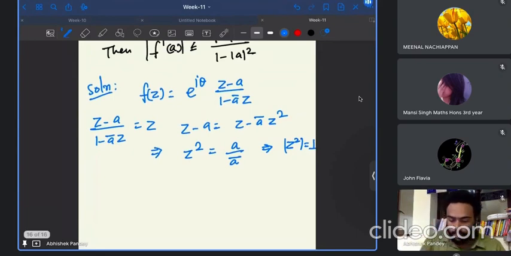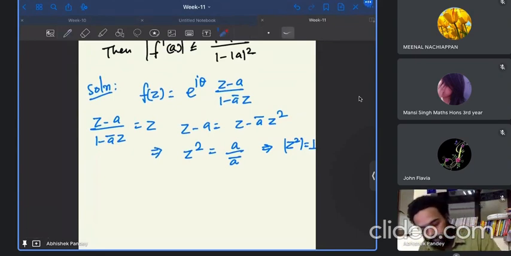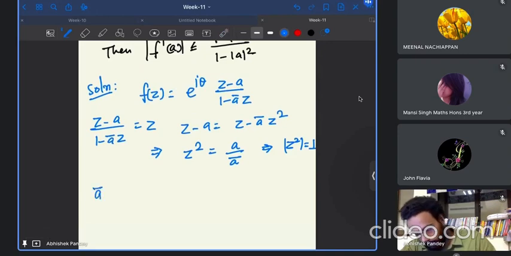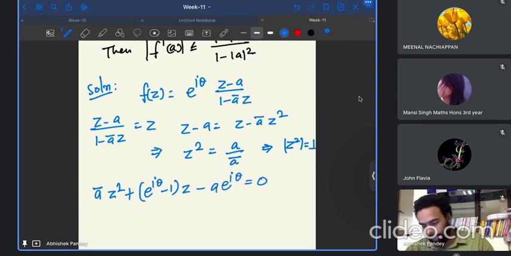So these kinds of functions do not have any fixed point inside the unit disk. So you have to keep e to the power i theta into the picture, meaning this should not be 1 for the fixed points. In that case, the equation will become z square plus (e to the power i theta minus 1) z minus a e to the power i theta equals 0.